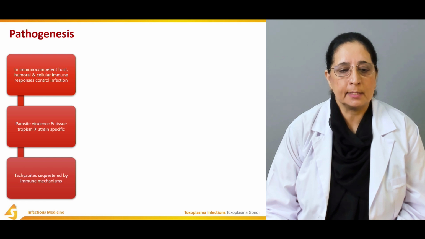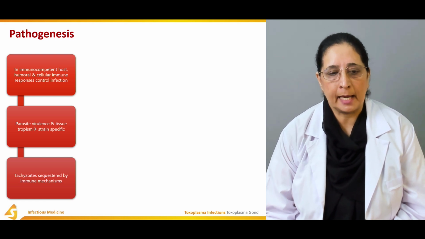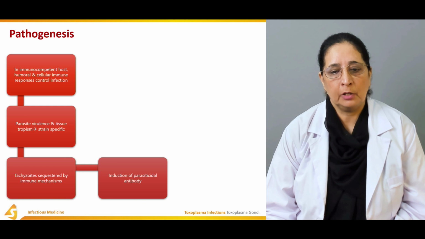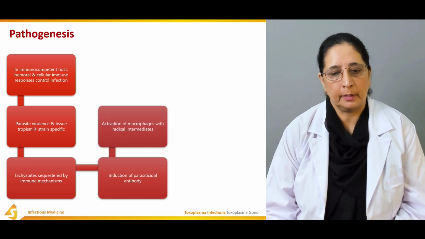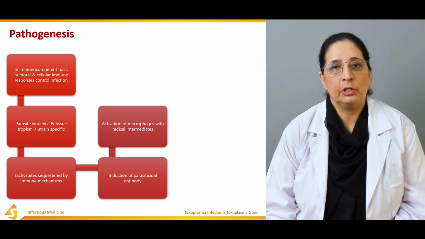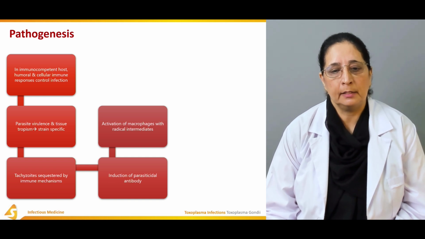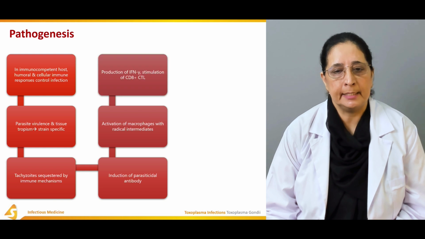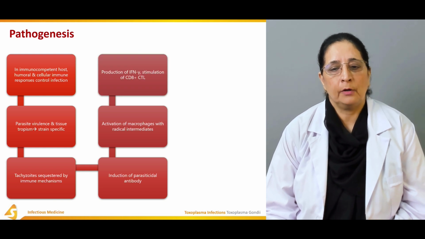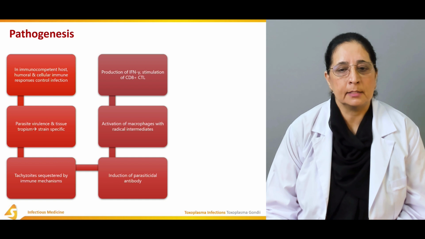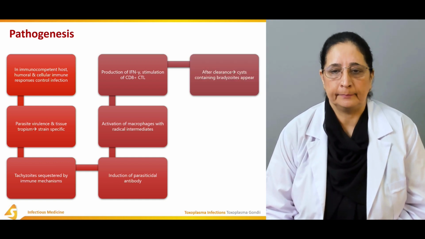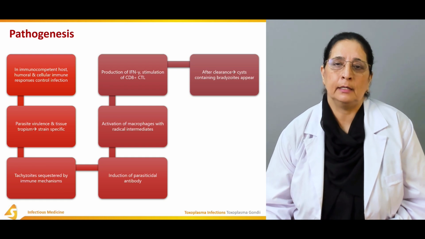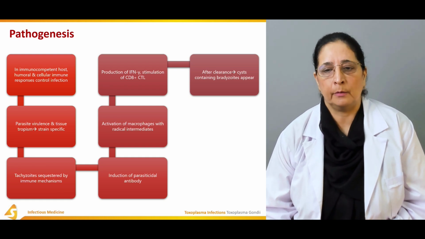Tachyzoites are sequestered by immune mechanisms, including induction of parasiticidal antibody, activation of macrophages with radical intermediates, production of IFN gamma, and stimulation of CD8 and CTL. All these are different inflammatory products.